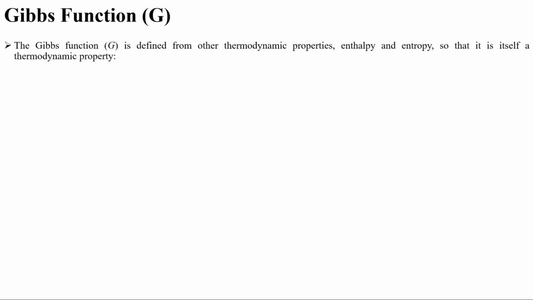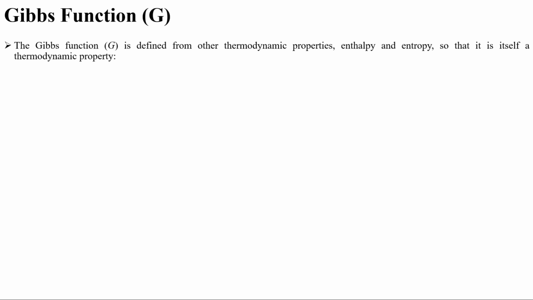Gibbs function is a thermodynamic property and it is defined from other thermodynamic properties like enthalpy and entropy. We use enthalpy and entropy in order to define the Gibbs function. It is a combination of different thermodynamic properties.